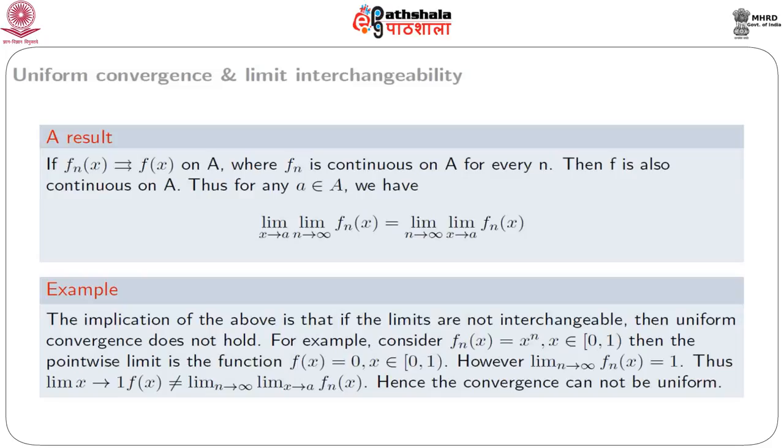Thus, as x tends to 1, the limiting value of f x is not the same as the double limit of f n x. Hence, the convergence cannot be uniform over the whole closed interval 0 to 1.